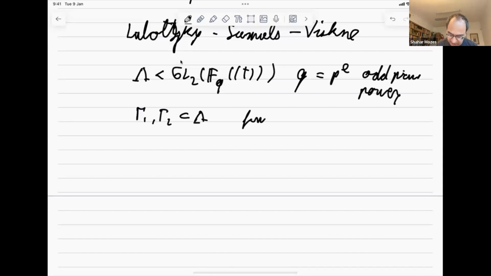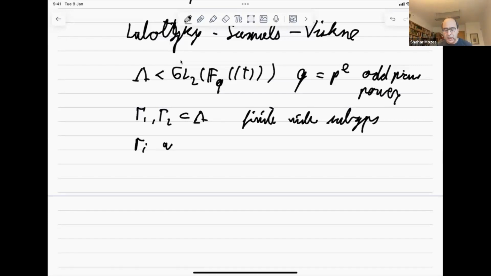So these are finite index subgroups, so they're also going to be lattices. You want the following situation: if you have this group GL2 of F_q((T)), it acts on PGL2 of F_q((T)). This group has an associated Bruhat-Tits building, which is just a (q+1)-regular tree.